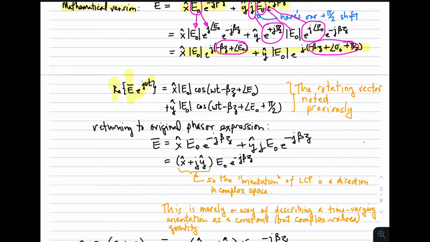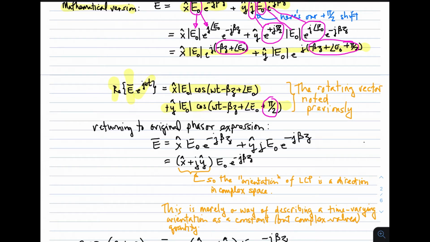When we do that, we see x hat, magnitude of E naught, times this cosine function for the first dipole, and y hat, magnitude of E naught, cosine of this argument. And we see that the cosine of the second part is phase shifted by pi over 2. So we get the result that we obtained previously just by visual inspection.